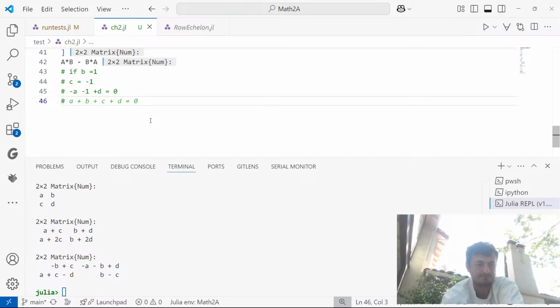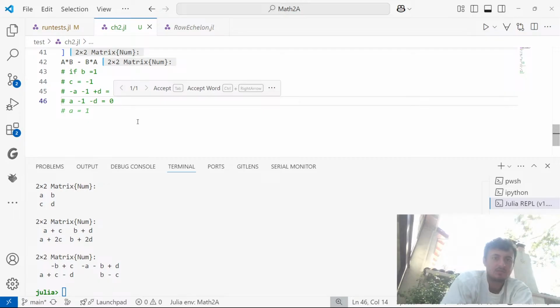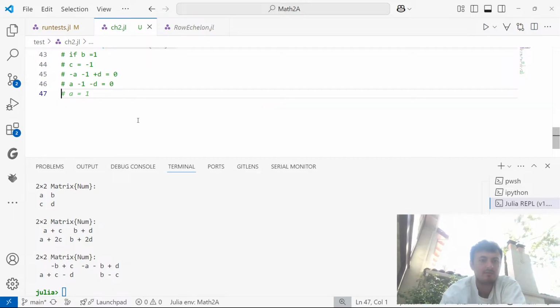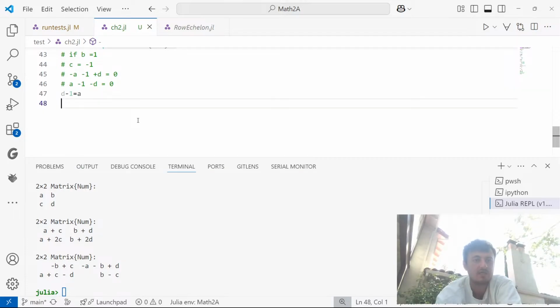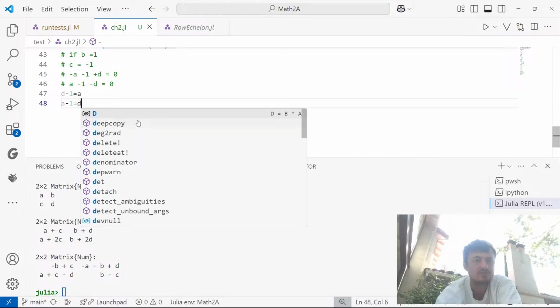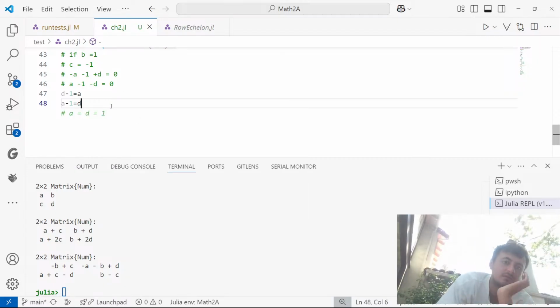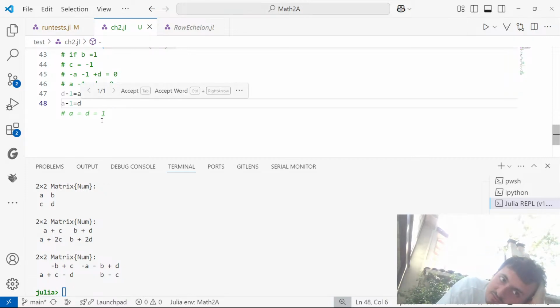And we get A minus 1 minus D equals 0. So then we get D minus 1 equals A, and A minus 1 equals D. Is that possible? It seems impossible, right?